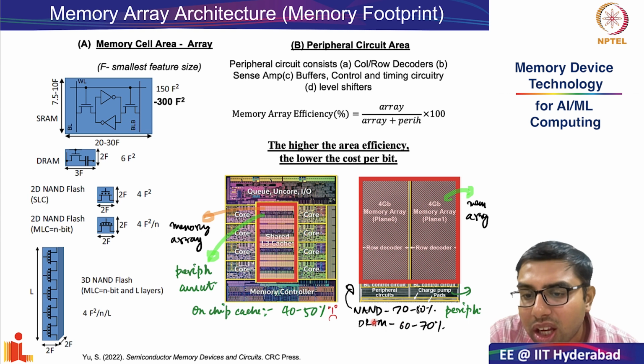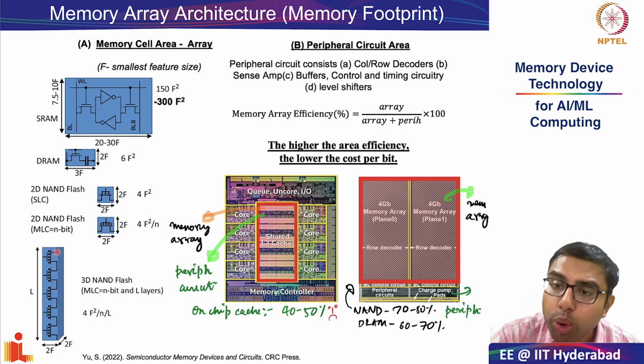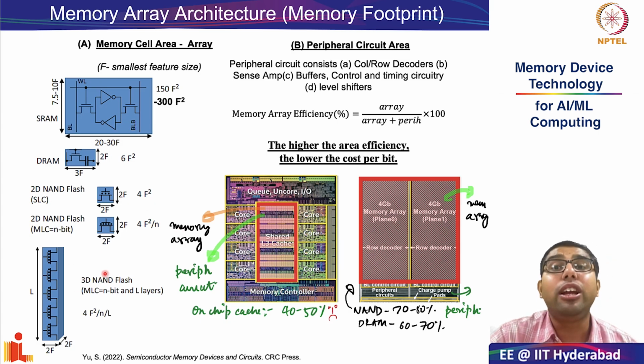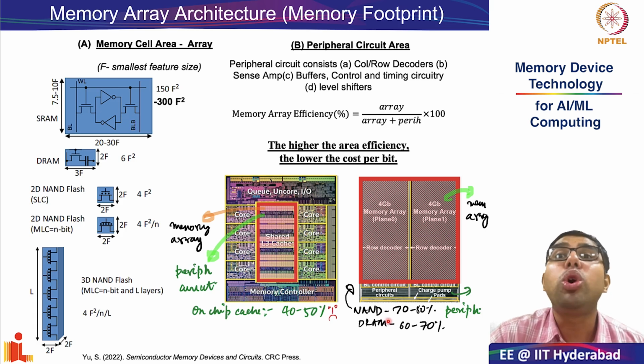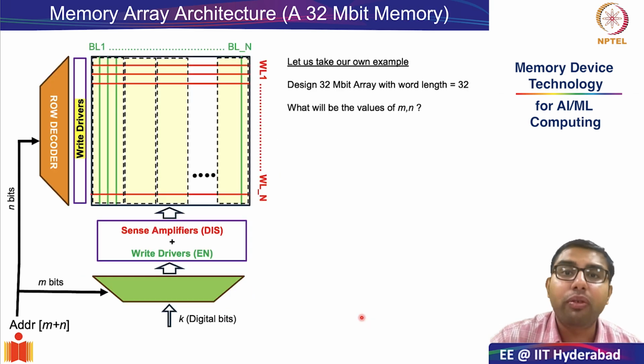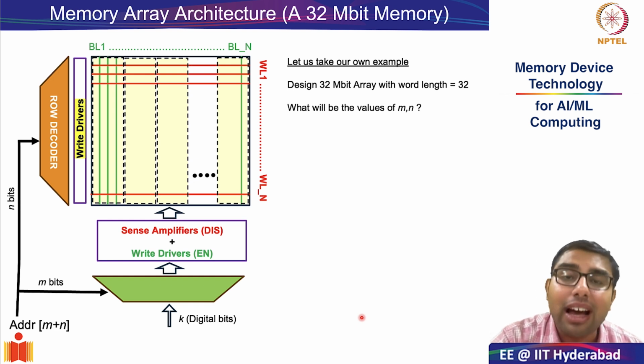Why is the efficiency in DRAM slightly smaller? Due to two main reasons: the bit density in NAND flash is slightly better, and also the peripheral circuitry in DRAMs is slightly more complicated because you are facilitating random access in DRAM compared to sequential access in NAND flash. With this, we conclude our discussion about area efficiency.